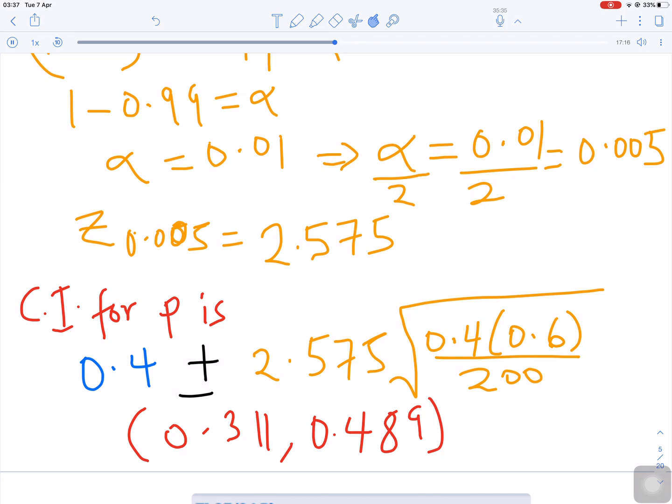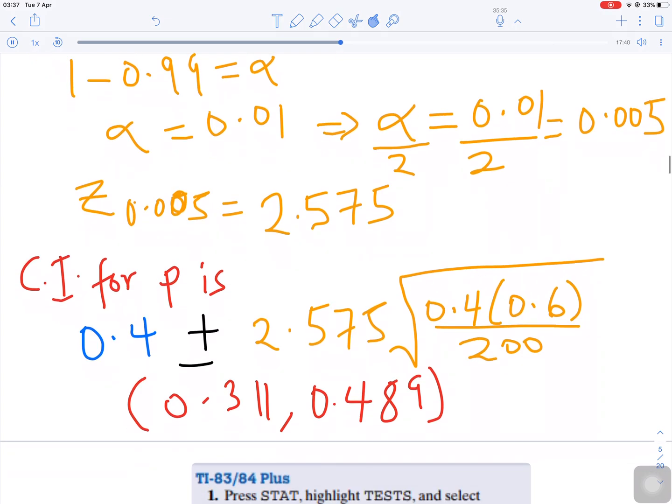And there's a summarized table which I made available, which I showed in the first video, which summarizes what chapter 9.1 entails. Now, we realize that z 0.005 equals 2.575.